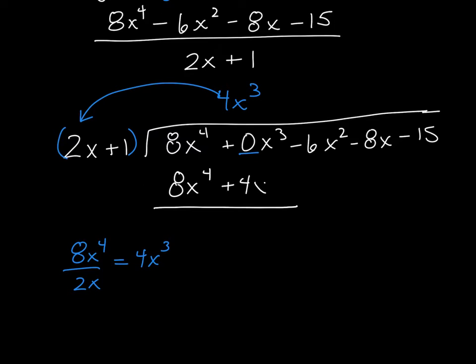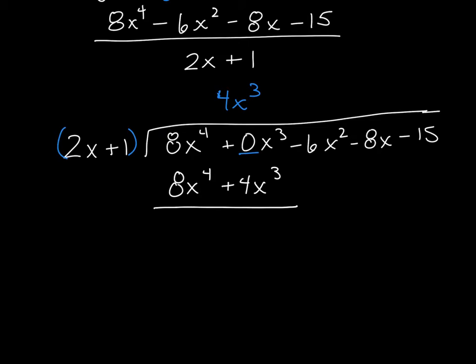plus 4x to the third. When you multiply whatever you have in your quotient, you must multiply times both parts of your divisor. So 4x to the third times 2x is 8x to the fourth. 4x to the third times 1 is 4x to the third. Now, with division, we always end up subtracting.